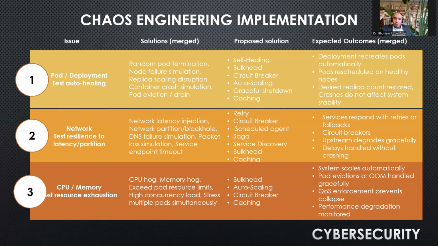And accordingly, if you have a failure in the memory, so you are decreasing the memory, some of the pods will not be able to conduct their operations, so they will be shut down. Accordingly, you should have a graceful shutdown and then auto scaling in order to revert the proper number of pods to the original size.